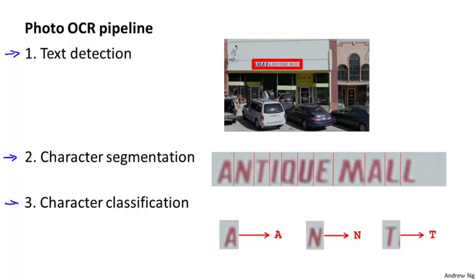And then the final step of the pipeline is the character classification step, and that step you might already be much more familiar with from the earlier videos on supervised learning, where you can apply a standard supervised learning algorithm, again, maybe a neural network, maybe something else, in order to take as input an image like that and classify which alphabet, or which of 26 characters A to Z, or maybe which of 36 characters if you have the numerical digits as well. But it'd be a multi-class classification problem where you take as input an image containing a character and decide what is the character that appears in that image.